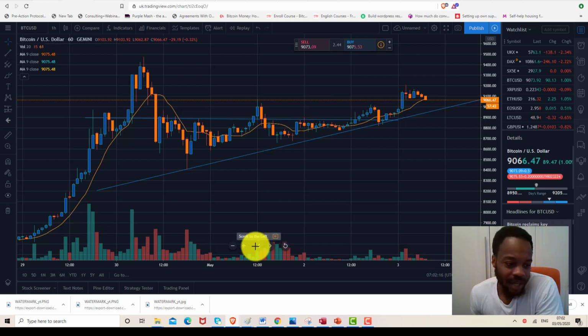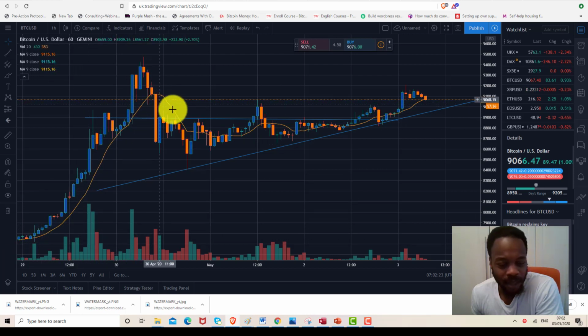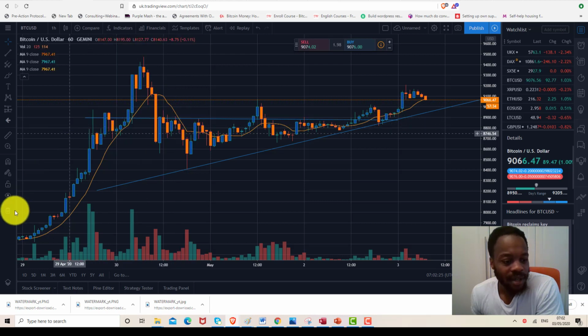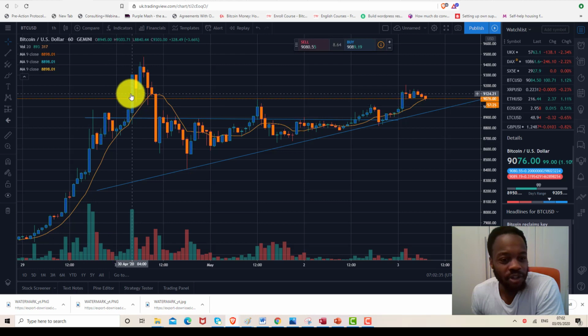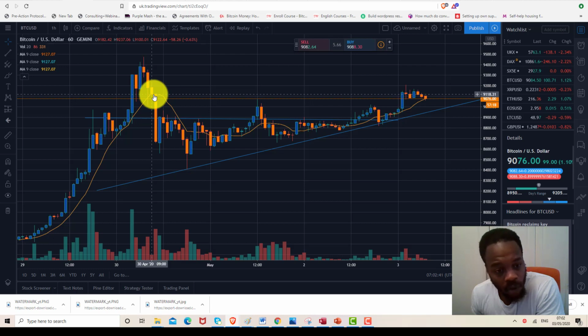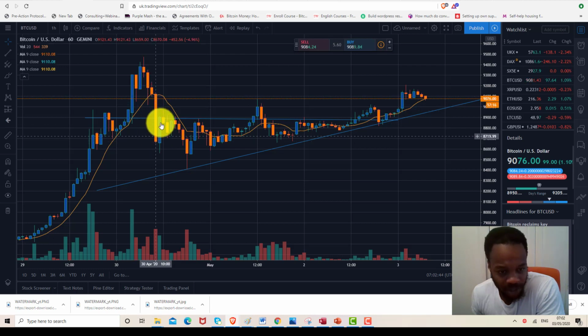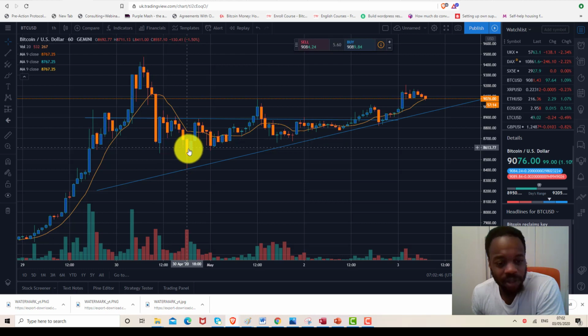So as you can see here, we have a moving average represented by this orange line here. The price is using that as a support. As you can see here, the price remains above the moving average, and at this point here in April, the price then drops below that moving average, and that would indicate a bearish outlook in the short term for the price.